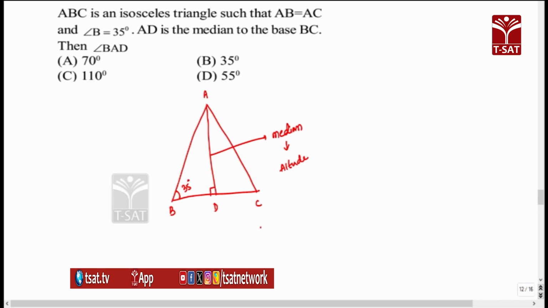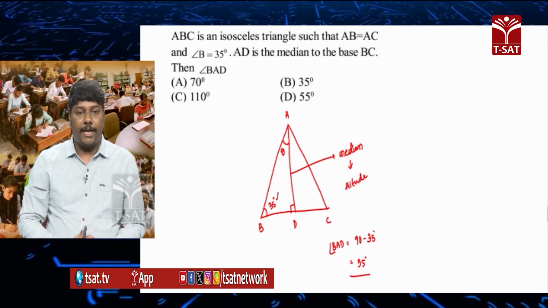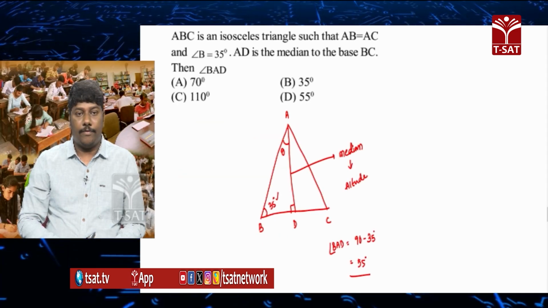Therefore, angle BAD: if it is 90 degrees, 35 plus this angle theta should also be 90 degrees. Therefore, theta is equal to 90 minus 35 degrees, which is equal to 55 degrees. So, angle BAD is equal to 90 minus 35, which is 55 degrees.